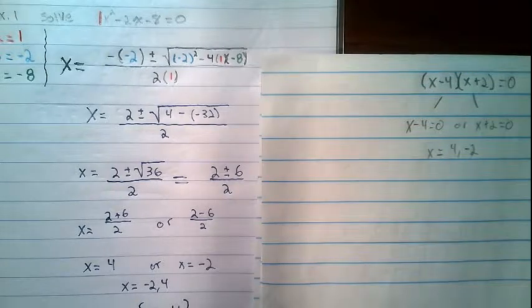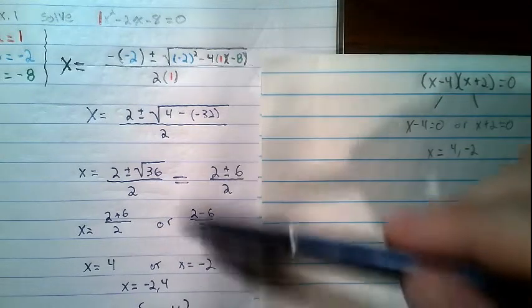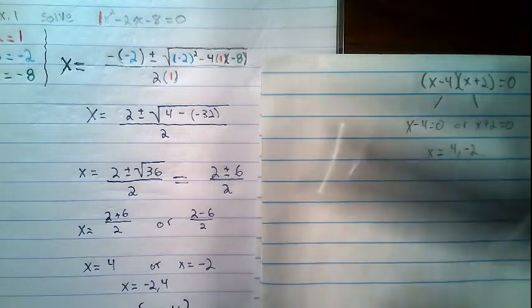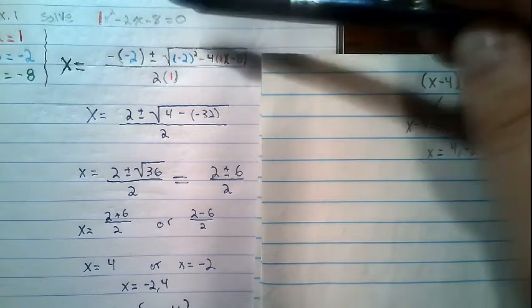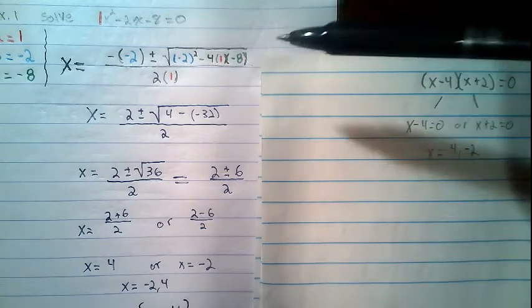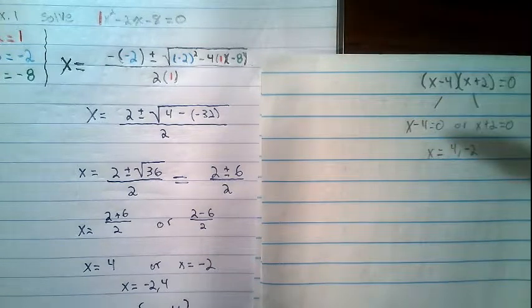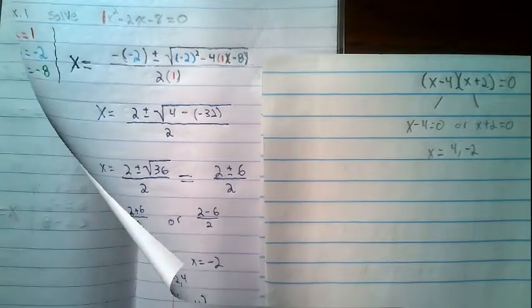I would have solved by factoring, certainly if I was given this quadratic equation and not told how to solve it, because look how short it was. Right? And then the quadratic formula took all of this. So if you can factor it easily, if you can graph it easily, or if you can find the square root of it to solve for x, those are probably going to be simpler solutions, but it all depends on the quadratic equation that you have.